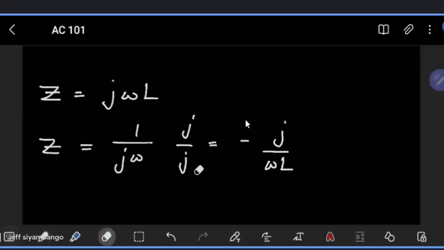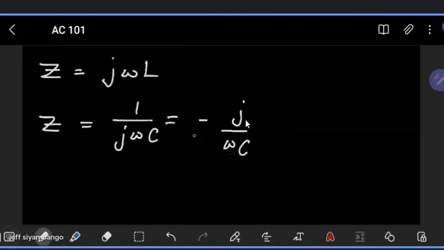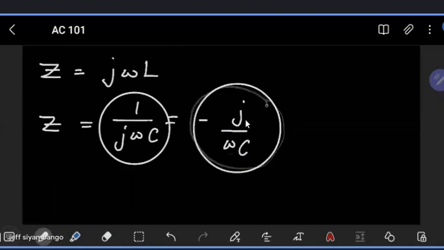This is a capacitor, you guys should have corrected me way earlier. For a capacitor it's not L, it is C. So my point is, through conjugating this term, we end up with these two expressions, which are basically the same thing. Depending on what expression you're trying to work with, you can start with this, but you might quickly have to write it in this form to perform some operations.